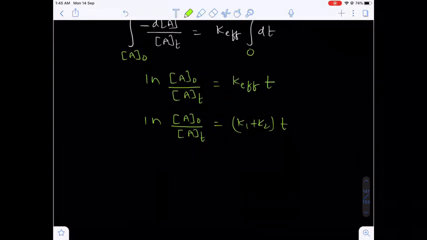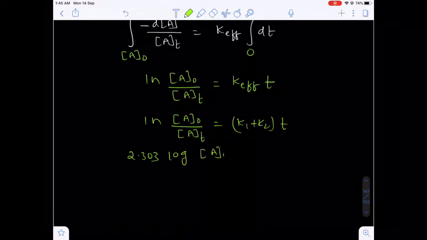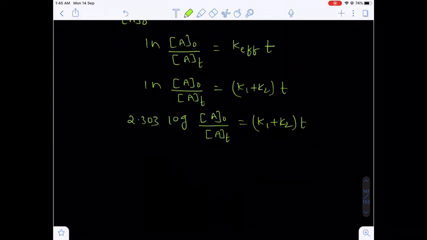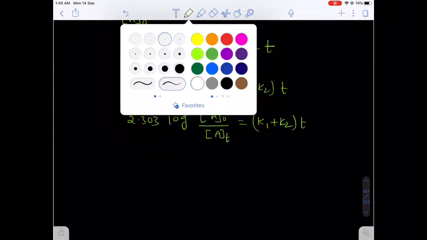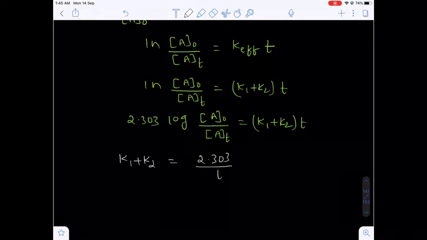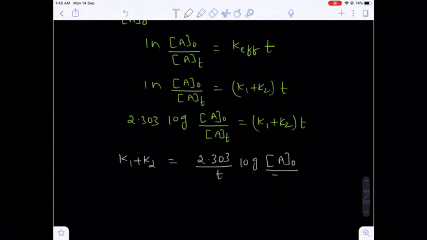So if you want to convert the natural logarithm to logarithm to the base 10, simply we have to multiply by 2.303: log of the initial concentration of reactant divided by the concentration at a certain time interval t equals K1 plus K2 times t. From here, K1 plus K2 equals 2.303 by t times log of the initial concentration of reactant divided by the concentration of reactant at a certain time interval t.